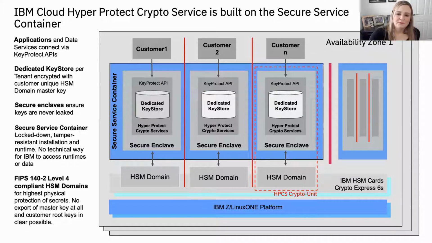This is the FIPS 140-2 Level 4 compliant HSM domains. So it's going to be the highest physical protection of secrets. We don't export the master key at all, and customer root keys are never in the clear. The idea here is called keep your own key.